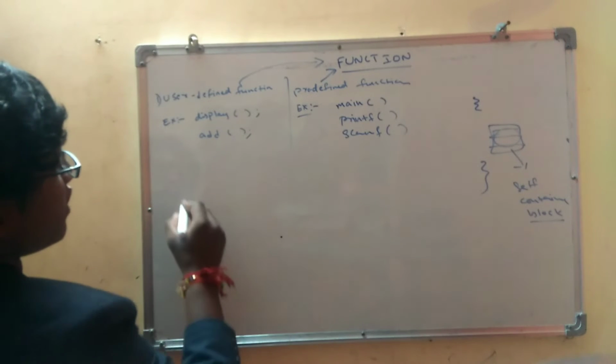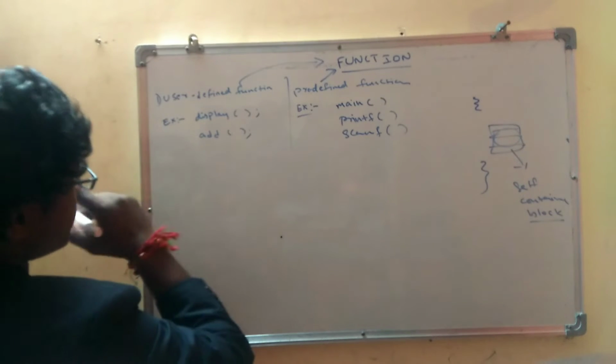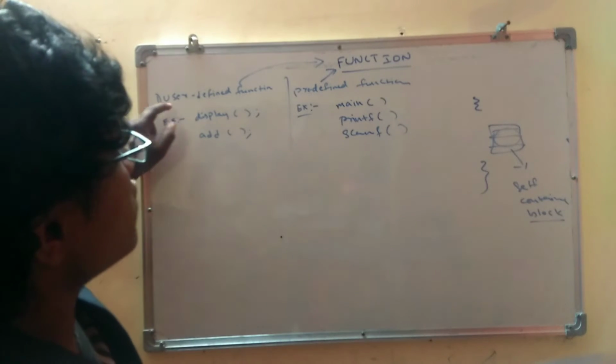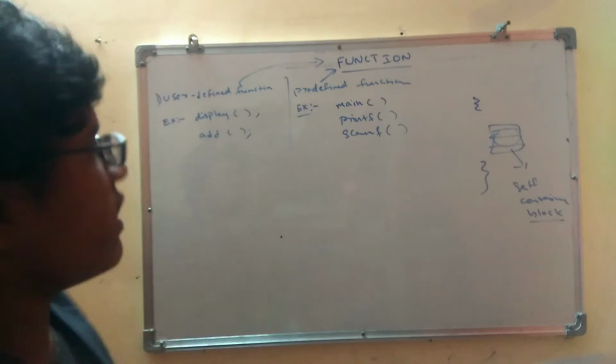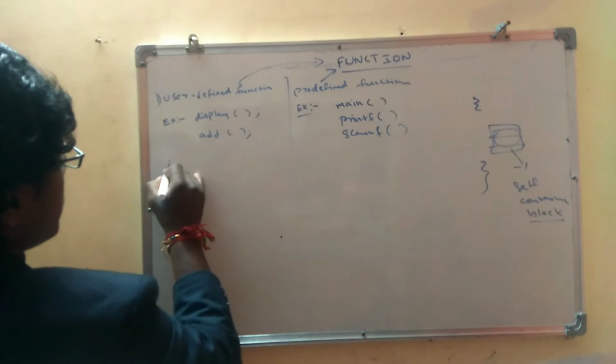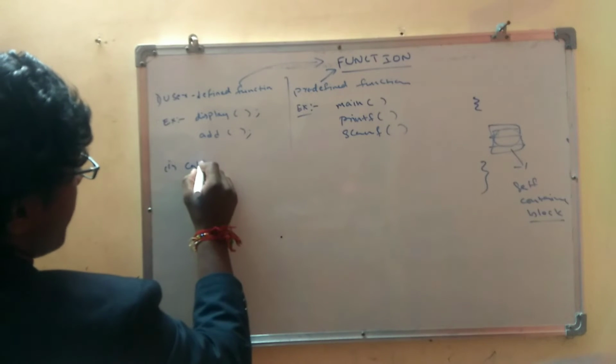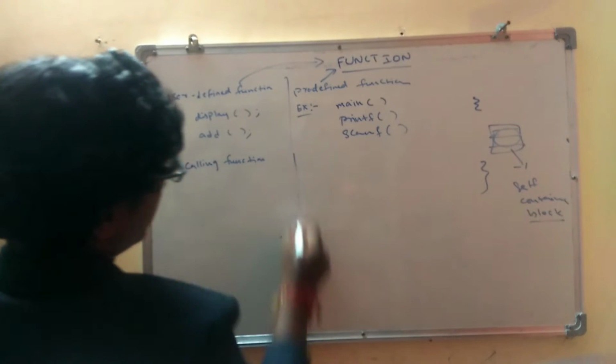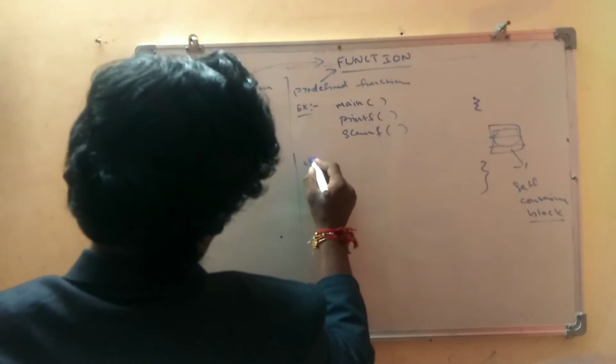So I am writing one example, and I am also telling that a user-defined function has two types again. One is the calling function and another one is the called by function.